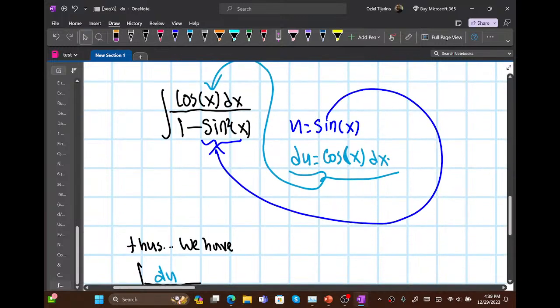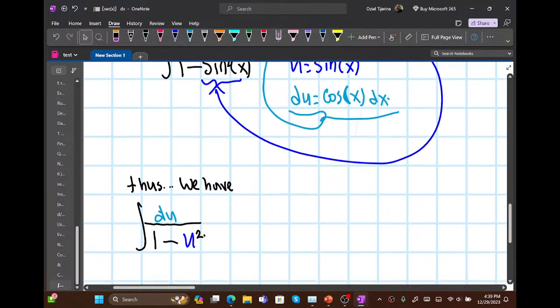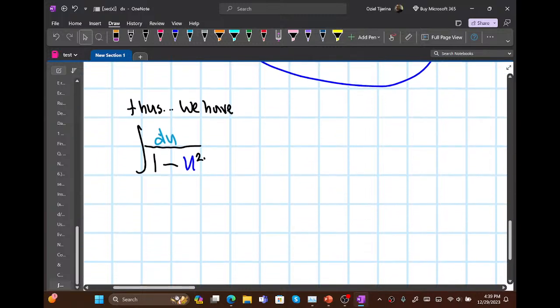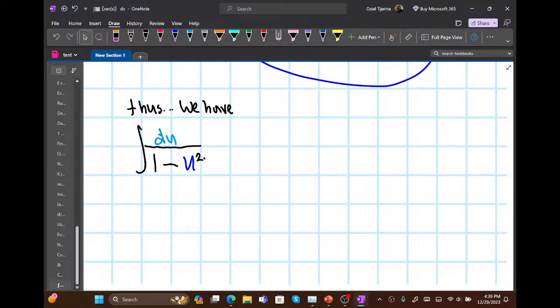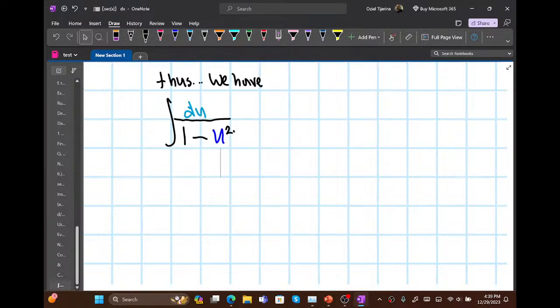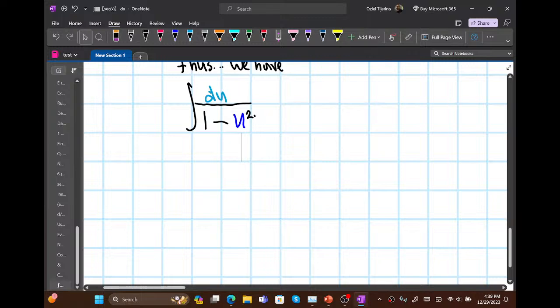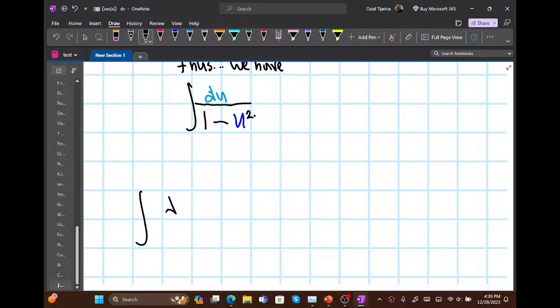Now, here, we have to integrate the following: du over 1 minus u squared.